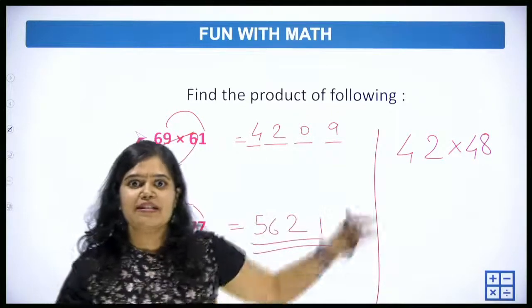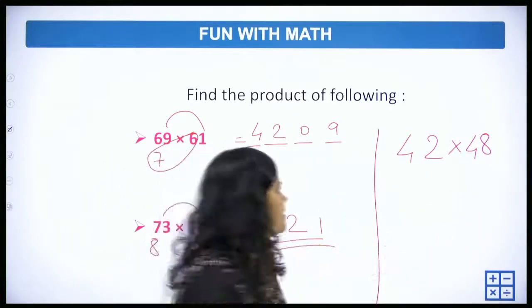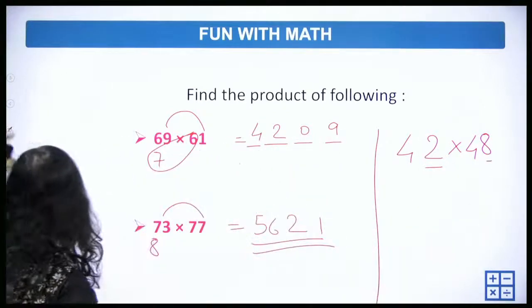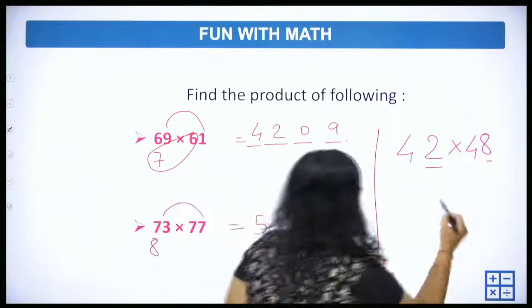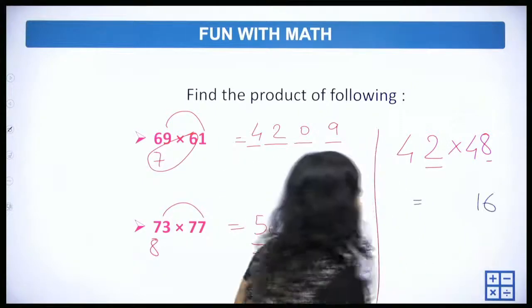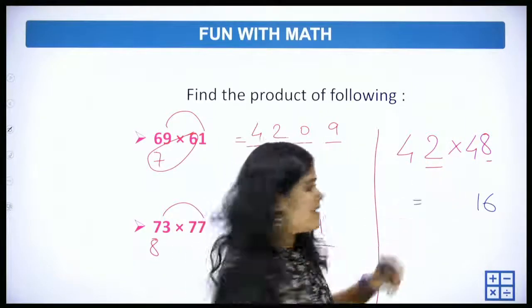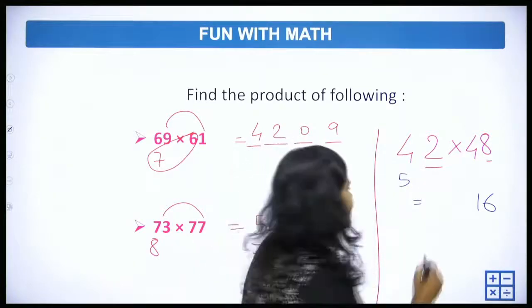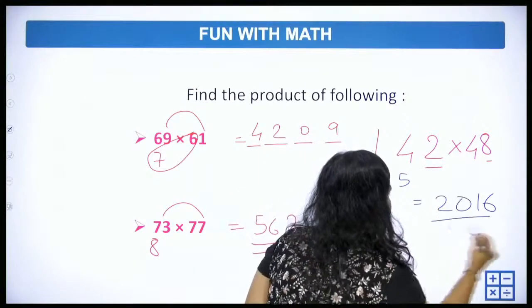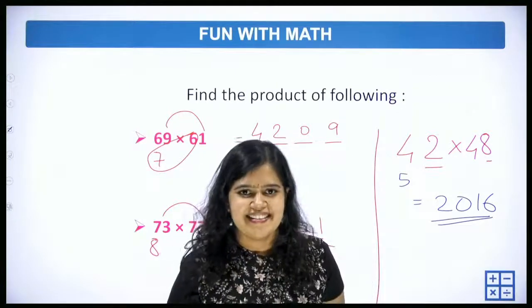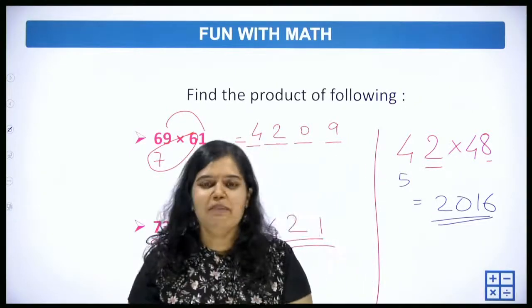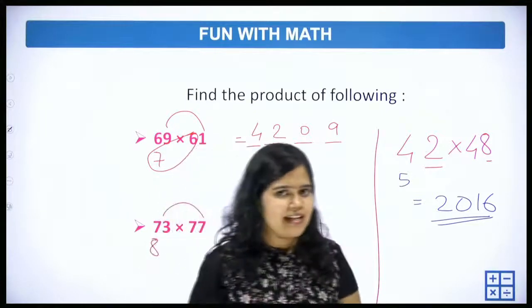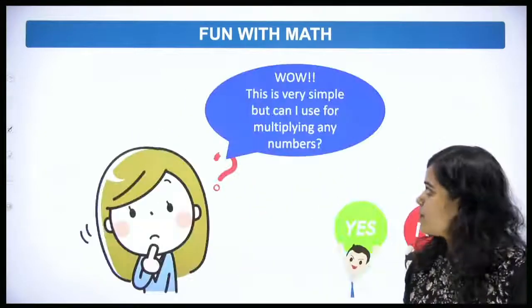What is going to be the solution of this number? One's digits are 2 and 8 and we know 8 2s is 16. So this is going to be 16. I have 4, so what should we take? 5. Now 5 into 4, 20. So 2016 is the solution. So this is going to be a simple and useful trick for you to solve your math quickly. Let's look into the next slide now.